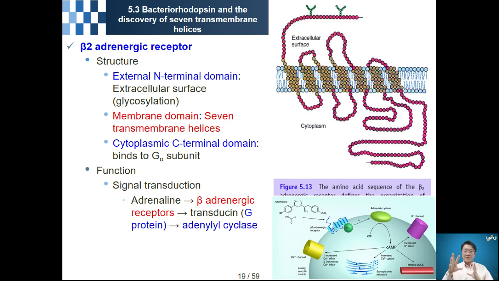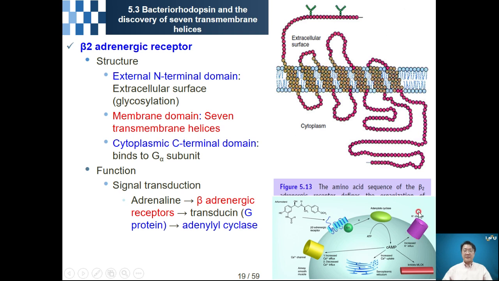After becoming active, the G alpha subunit transports the signal to adenyl cyclase. After that, adenyl cyclase changes ATP to cAMP. So cAMP plays an important role in the signal transduction pathway. For example, it will open the calcium channel, and it will open the potassium channel.